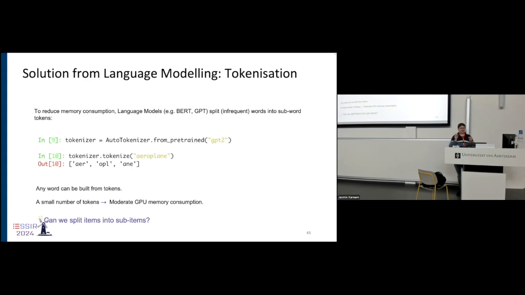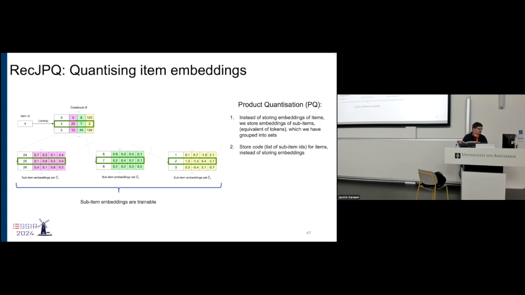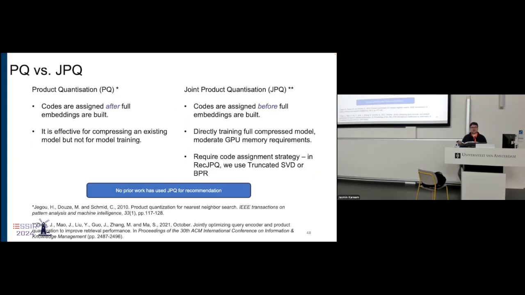Item IDs in recommender systems are atomic, they are non-splittable by default. So we have to be creative about how to split them. I will not tell you how to do this, but you can find it in the slides. But it actually allows us to compress this embedding tensor.